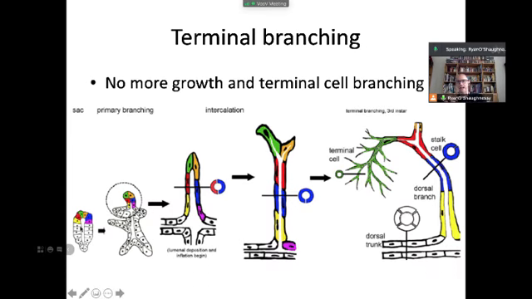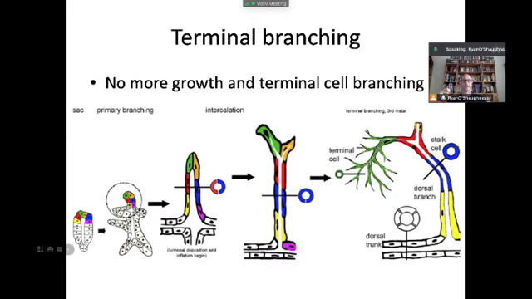So let's see how this works in practice. We have our primary branching, and these branches are caused by elongation and increased cell division. So we get those cell movements that we've talked about before, the intercalation and convergent extension and epiboly, and together these processes elongate and cause branching of the main trachea.